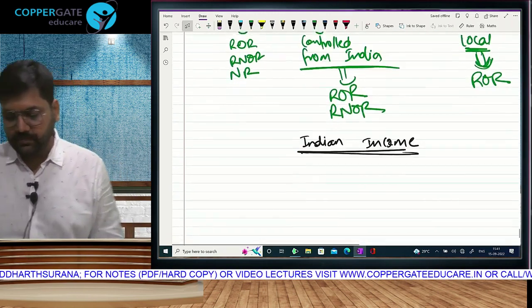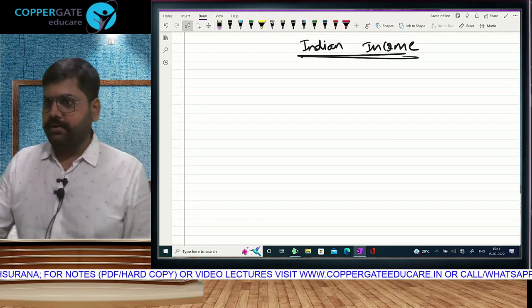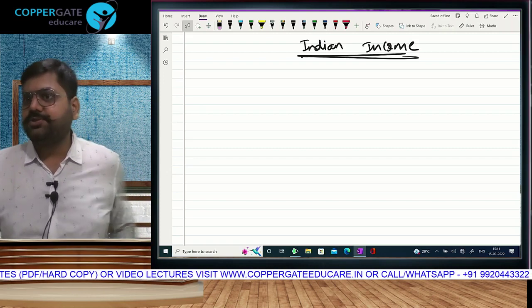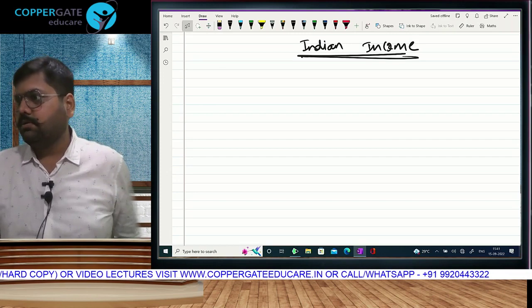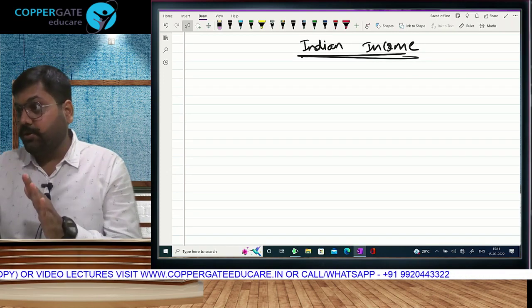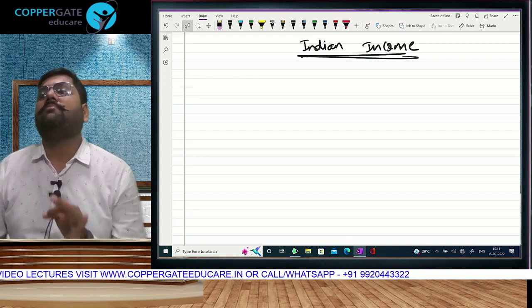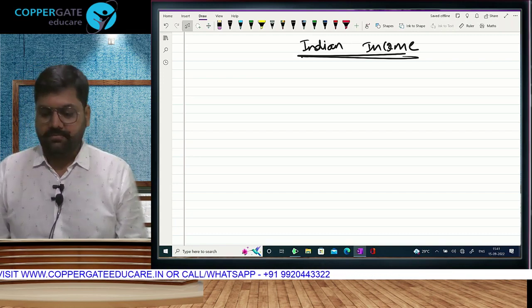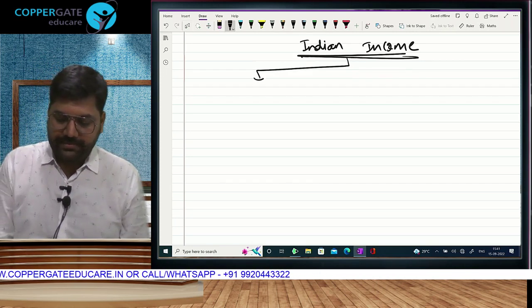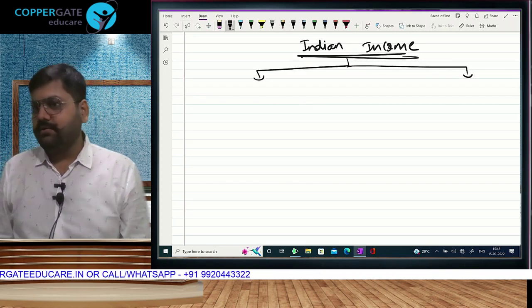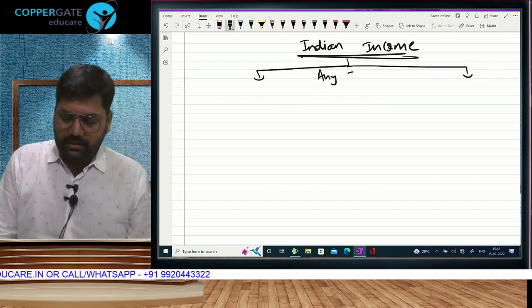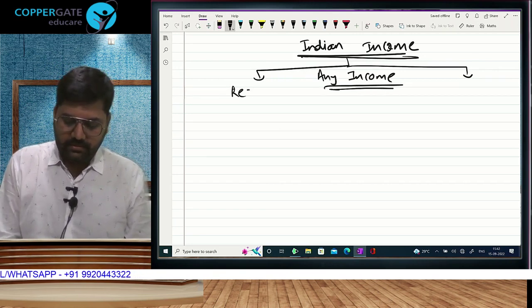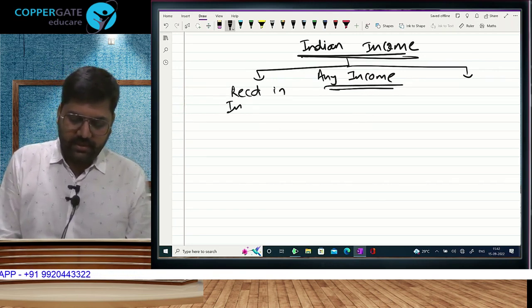Fantastic. So what do you mean by Indian income? What is the tax treatment of Indian income? Taxable for all assessees. So very important thing to note: once the source of your income lies in India, that means everyone has to pay tax. Indian income can be of two types. Type 1, any income that is received in India.